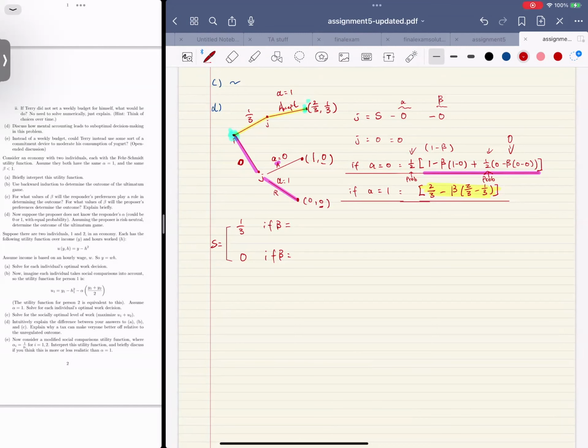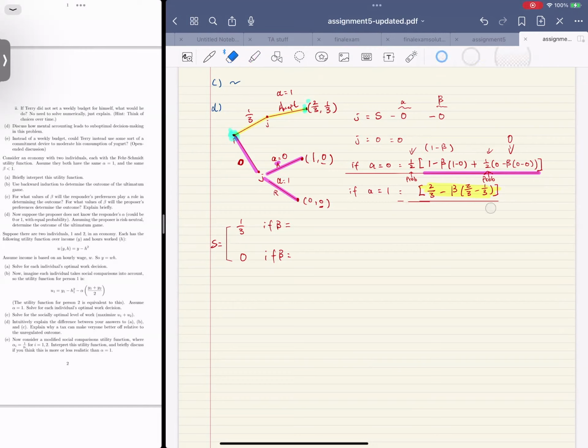Backward induction from here. We need to do this first. Okay, so this is binary, right?